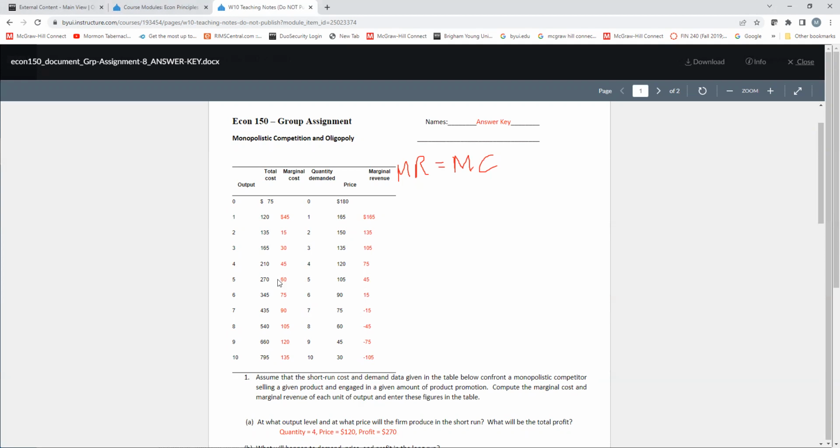And so no, a rational producer will not produce the fifth unit, so they'll produce 4 units. And at 4 units, what's the price? The price at 4 units is 120. And so the total revenue for 4 units is 4 times 120, and that's equal to 480.